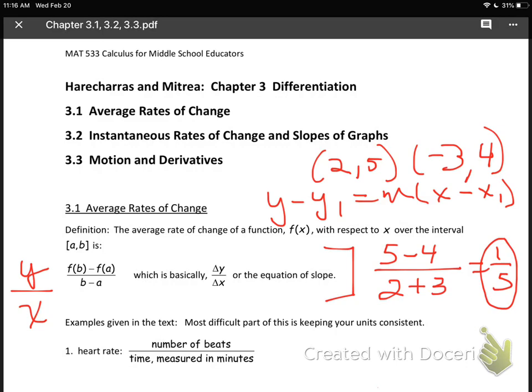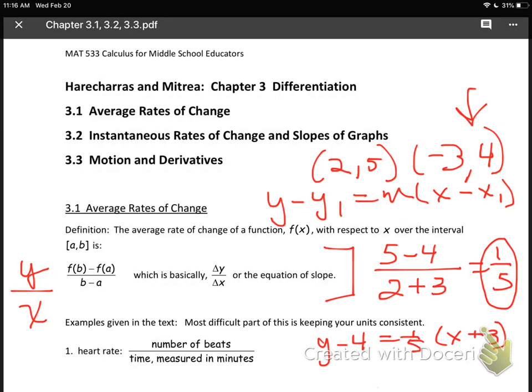You have 2 options. You could say y minus y1, and we can use these points first. So that would be y minus 4 equals 1/5 times x plus 3, because it got flipped due to the negative. So that's one expression for that line.